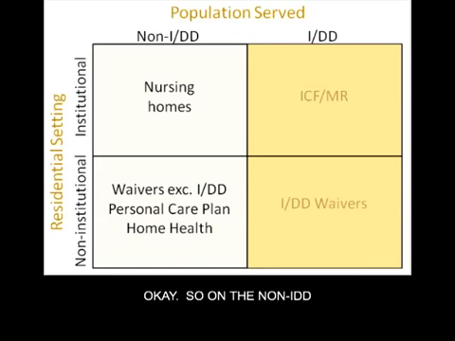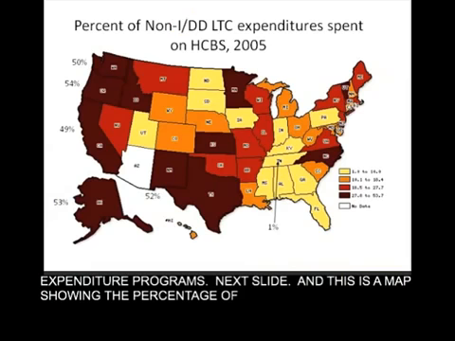Okay, so on the non-IDD side, what I'm doing is comparing institutional expenditures, which is basically nursing homes, with non-institutional expenditures, which is waiver programs, except waivers explicitly for people with intellectual and developmental disabilities, personal care plans, and home health. I forgot to say next slide, and now I'm going to say next slide again.